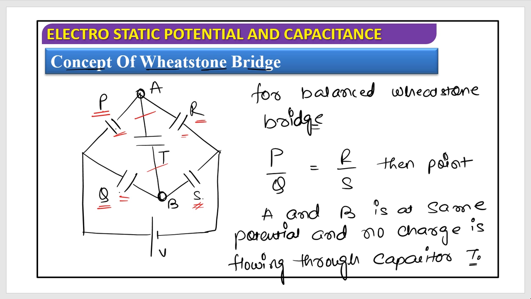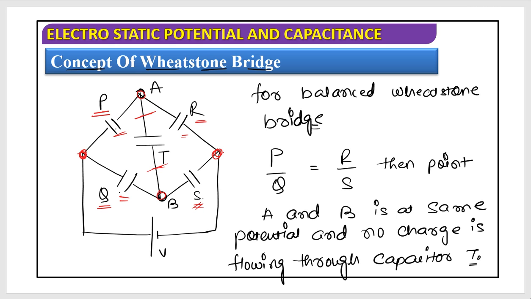But I want to mark one more very important point. When you check whether it is a Wheatstone bridge or not, you must understand that the fifth capacitor which you are going to eliminate should be on a different diagonal than the diagonal on which the battery is connected. Look at this. The battery has been connected on this diagonal, and this fifth capacitor on this diagonal.